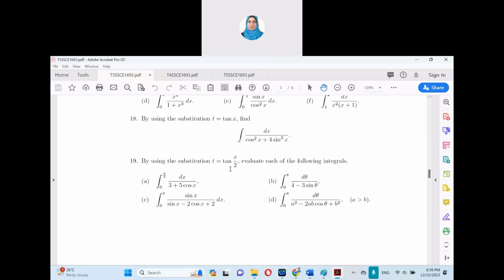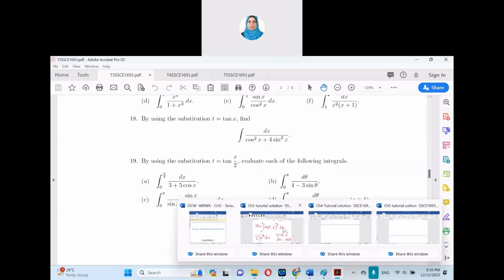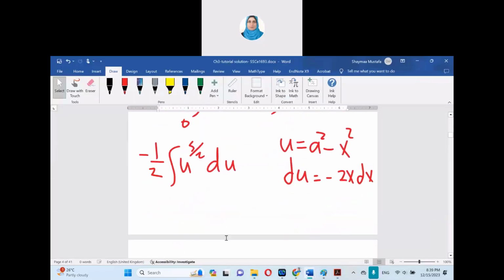Okay, for question 19, A or B or C or D, you have to use the identities because you have cos theta and they ask you to use tan of theta over 2. So question 19D, similar for A, B, and C. Let me solve for D, then the rest are similar.